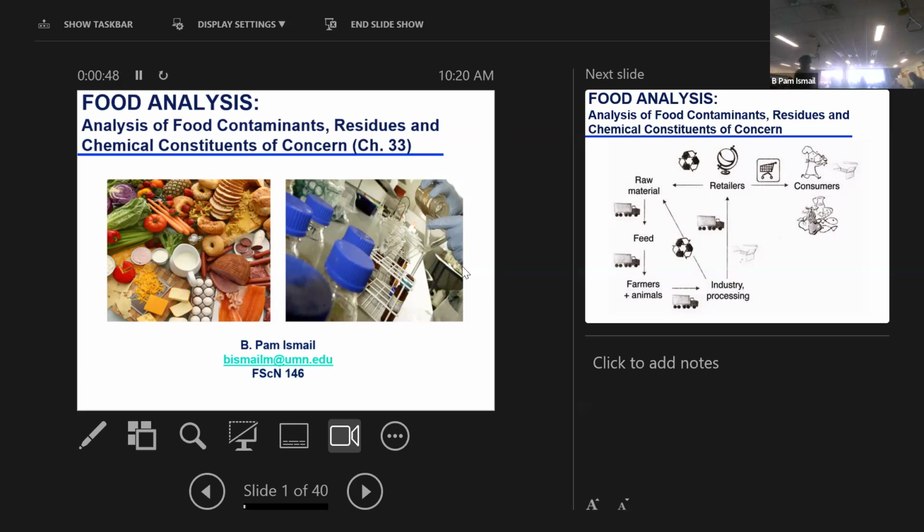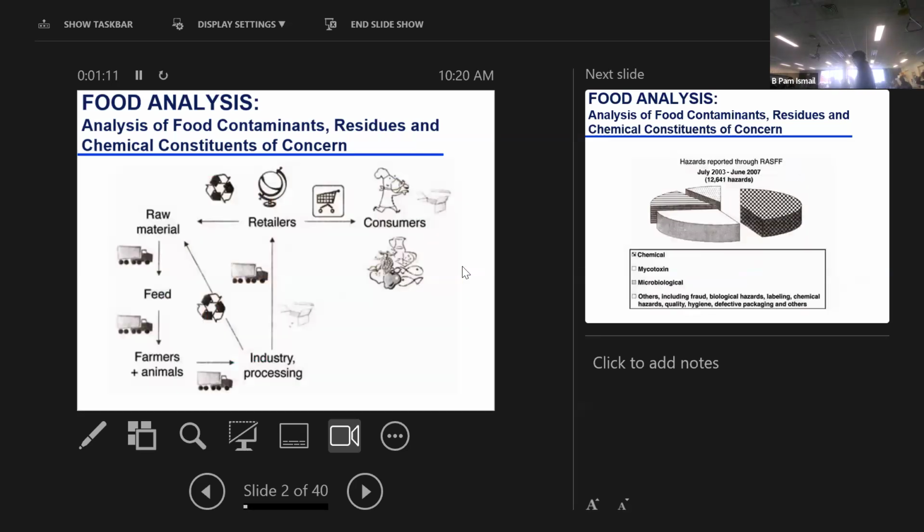Contaminants and residues. There was a lot of work to get this chapter put together, but what I'm going to do is not go over a lot of details, but just give you a high level description of what could wind up in the food that shouldn't be there.